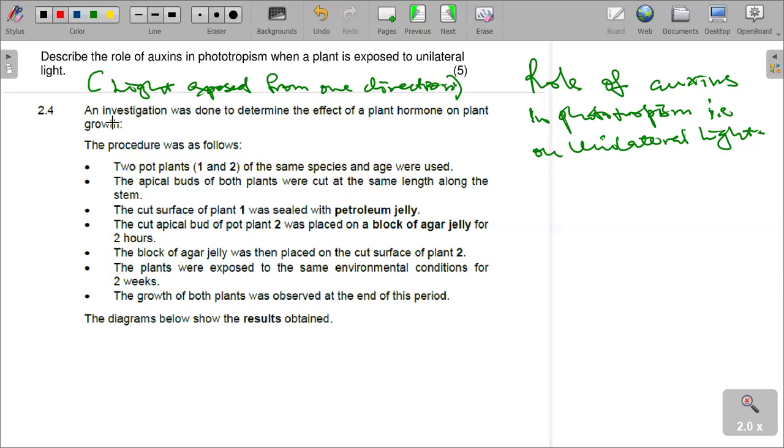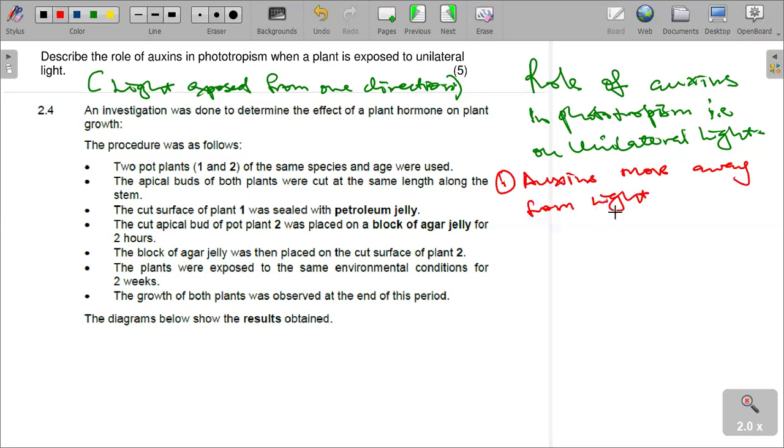So what is happening? One, auxins move away from light. That is the first thing there.